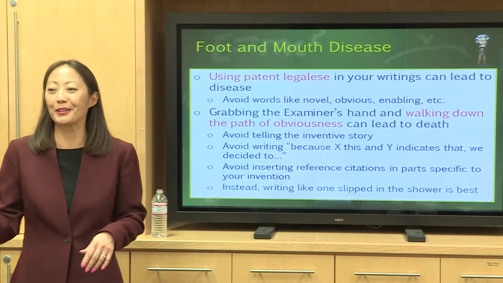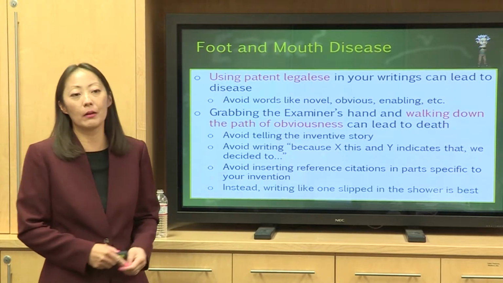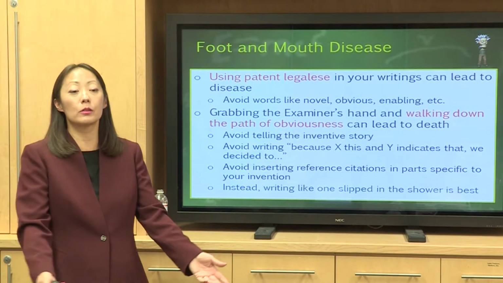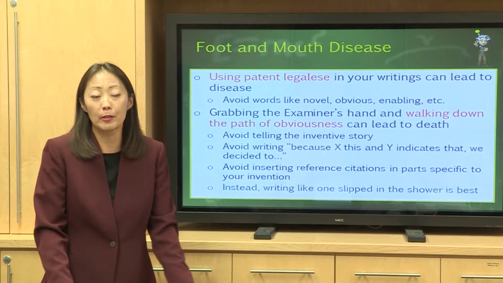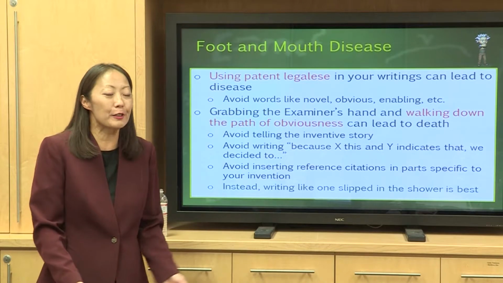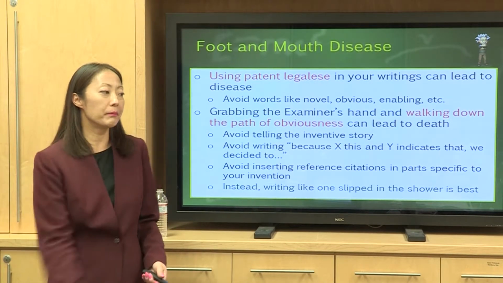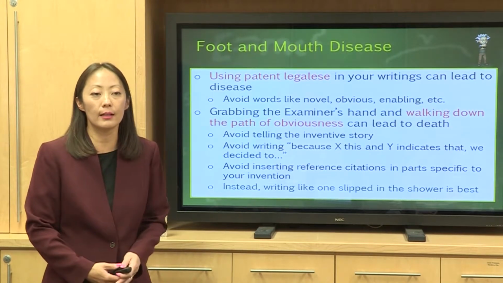Suggest is another bad word. Or, we assumed that this would work, so we did it. You can leave out the "we assumed", or certain words, so it's just not so blatant that this was obvious, and so we did it.